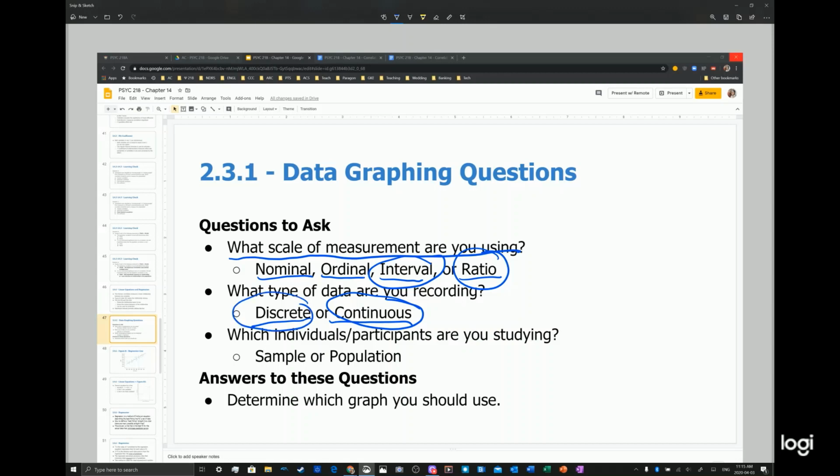Finally, we're going to ask the third question: which individuals or participants are we studying? Are we going to study the sample or the population? And again, for the purposes of this course and chapter, we are focusing on the sample. And as we answer these questions, we can determine which graphs we should use.